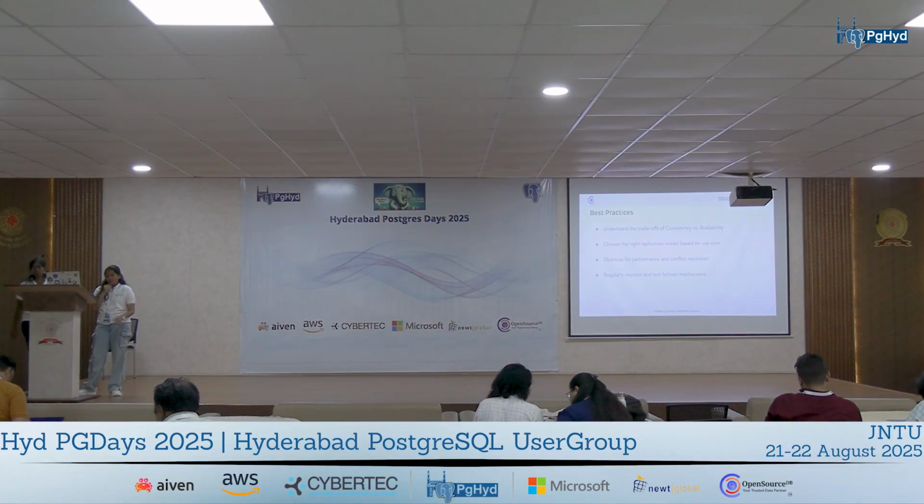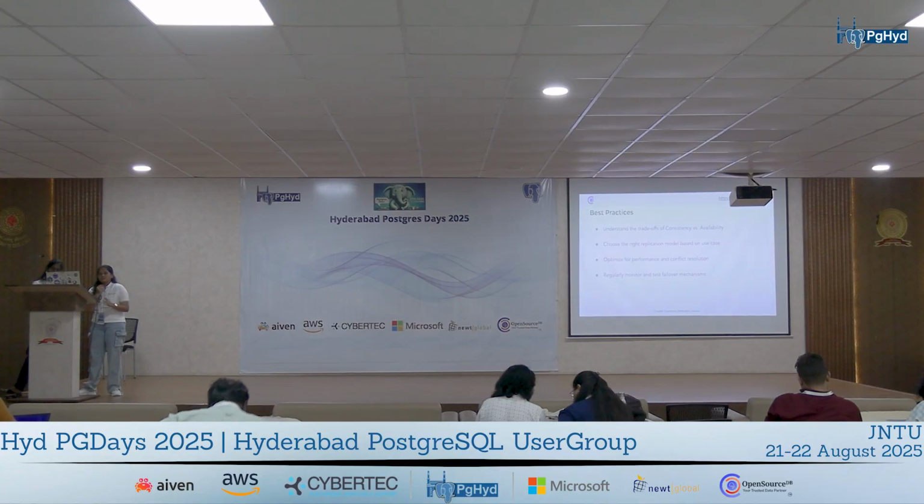Don't let two nodes update the same data at the same time, which causes conflicts. Split the data by users or regions if possible. And regularly monitoring is also a best practice.